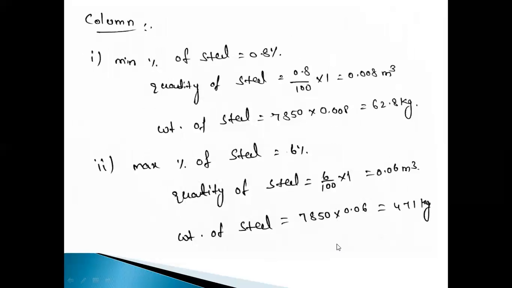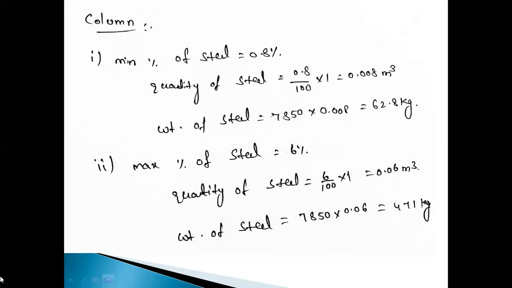Next one, column. Minimum percentage of steel 0.8, maximum percentage of steel is 6%. So first one, quantity of steel 0.8 divided by 100 into 1 per 1 cubic meter equal to 0.008 cubic meter. Weight of the steel equal to unit weight of the steel 7,850 into quantity 0.008, that is equal to 62.8 kgs. Next one, maximum percentage of steel equal to 6%.